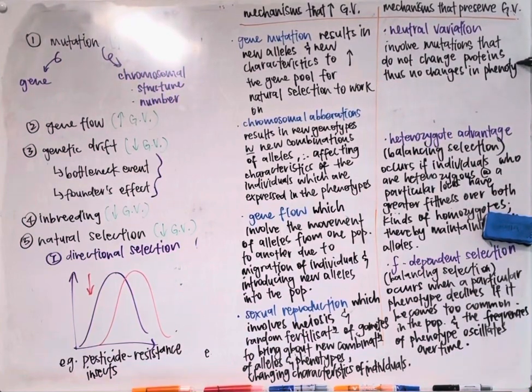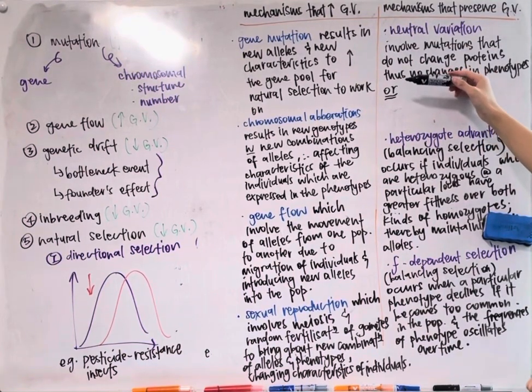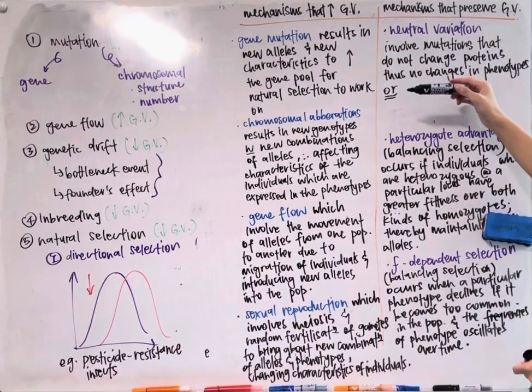An example can be mutations in the non-coding region. It can also involve no impact on reproductive success.